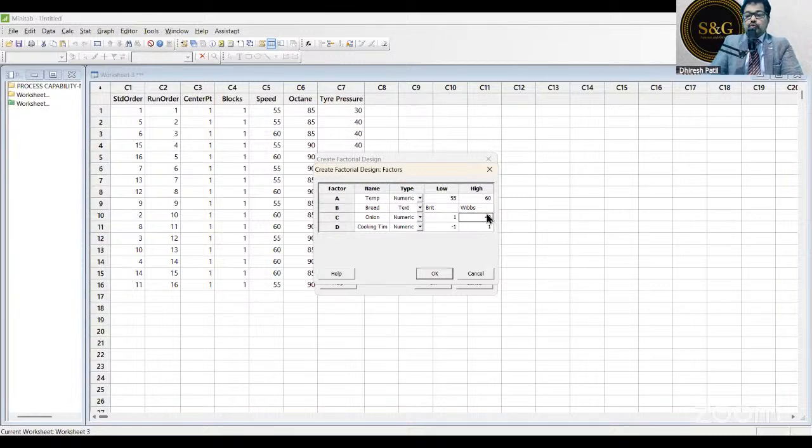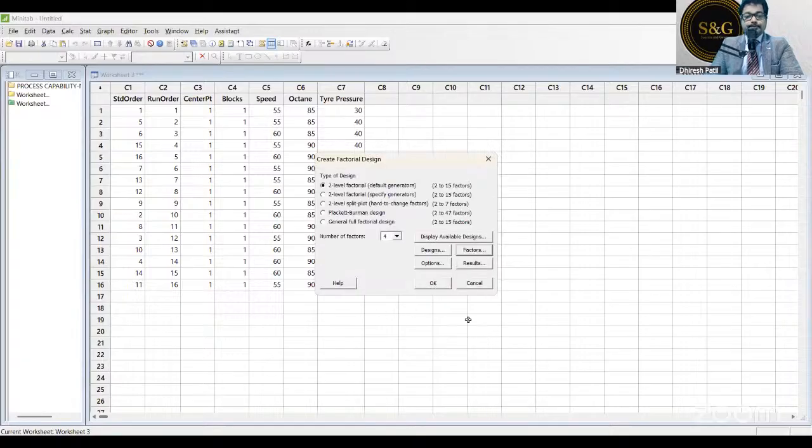And then 2. And cooking time is 3 minutes and 5 minutes. Okay. Temperature I have not changed. Sorry, cooking time is 3 minutes and 5 minutes. Temperature I just click on OK and click on OK.